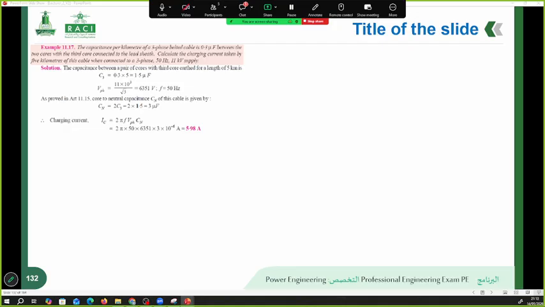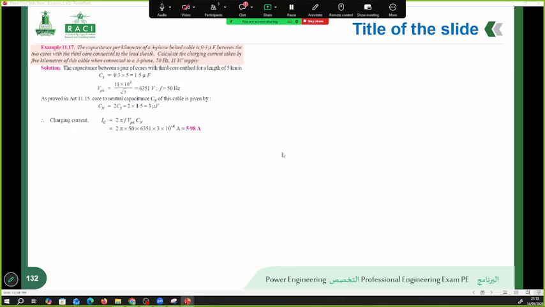So this is an example. This example presents a solved problem for a single-core cable. It calculates the following parameters for an 11 kilovolt, 50 hertz single-core cable.